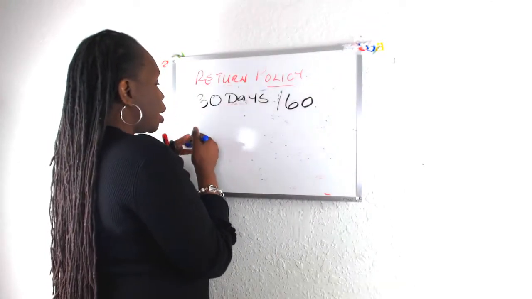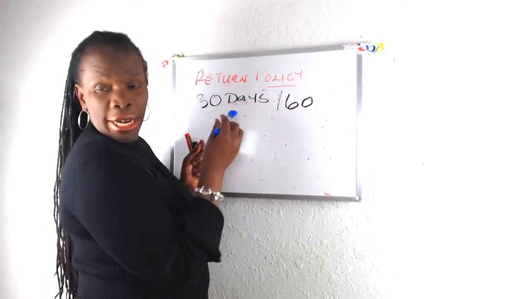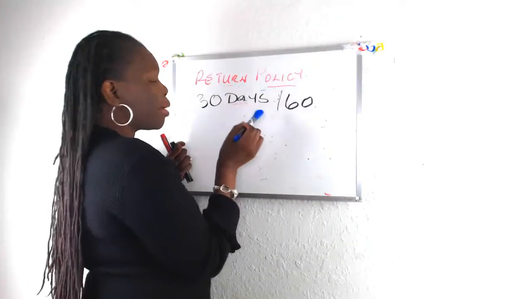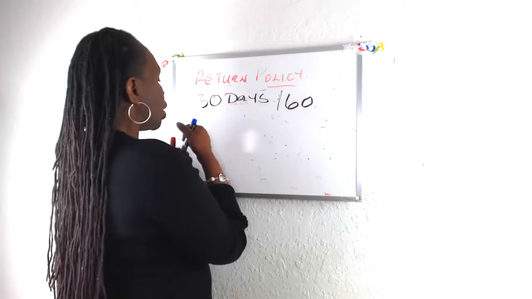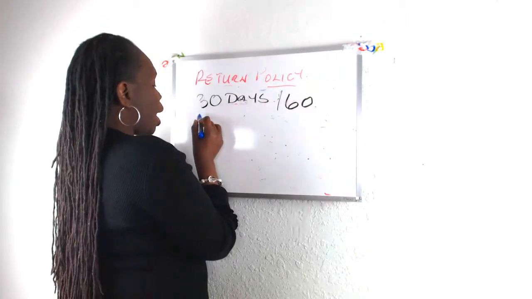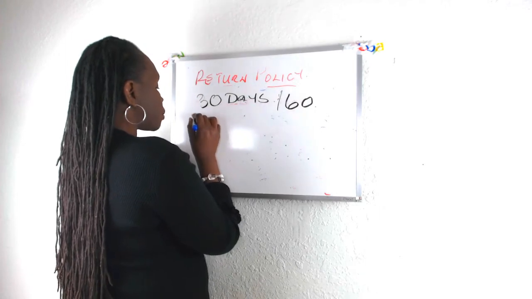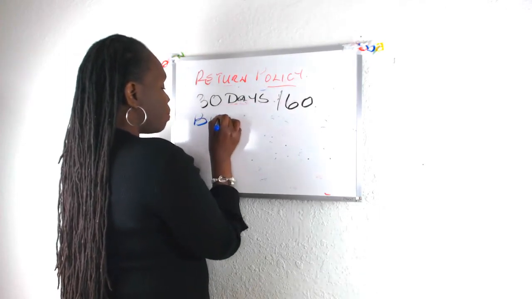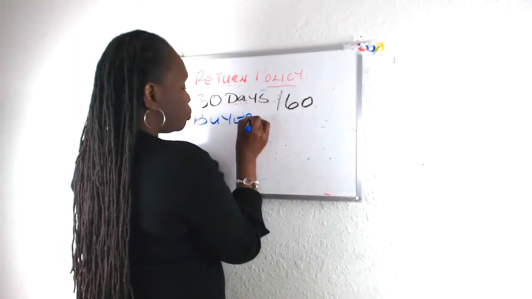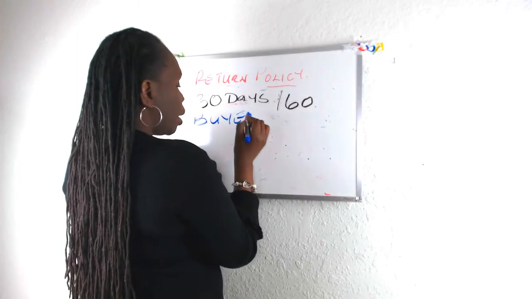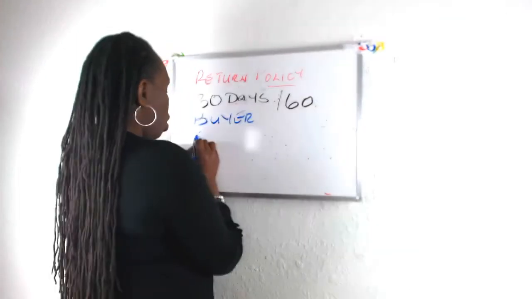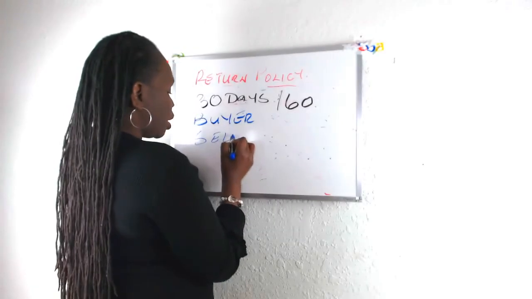And then right beneath the number of days, it's going to ask you who pays for the return shipping. You can either have the buyer pay for the shipping, or you, and that will be the seller.